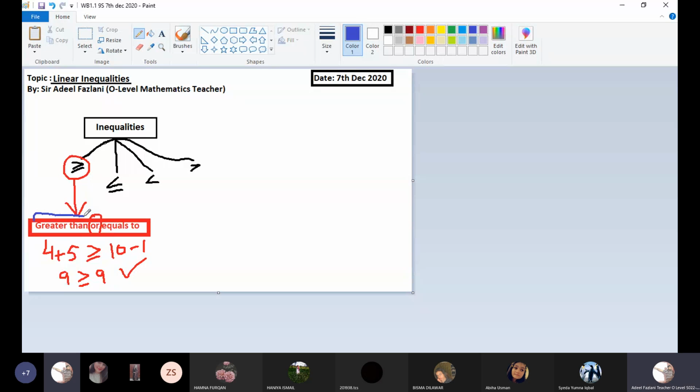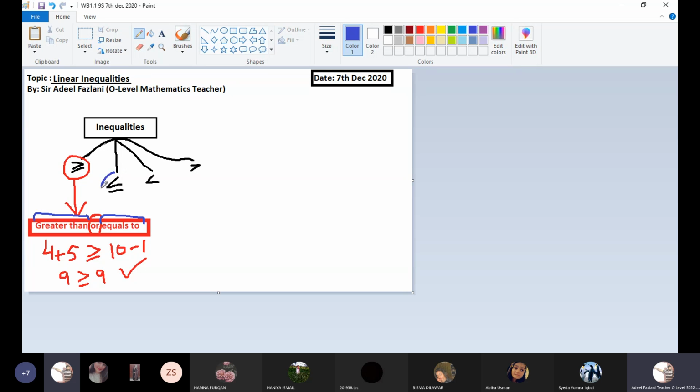So 9 is not greater than 9, but 9 is equals to 9, and you will find the equals to sign here. So that's the reason this is true. Yes or no? Yes, sir. Shall I proceed to the next?